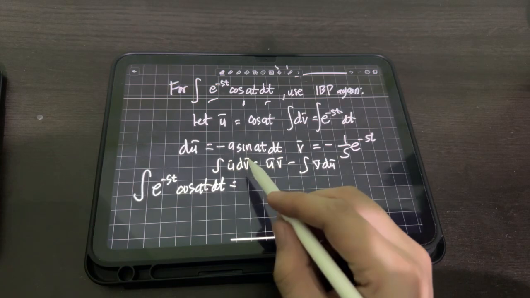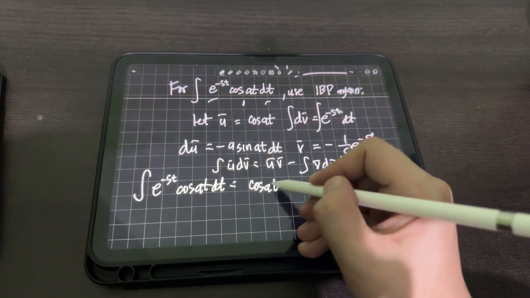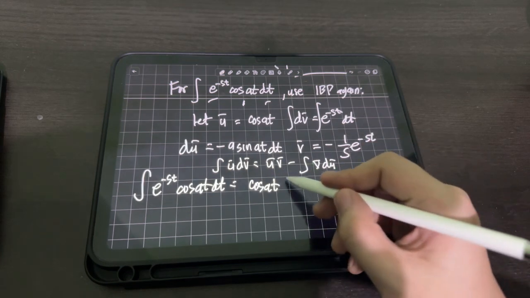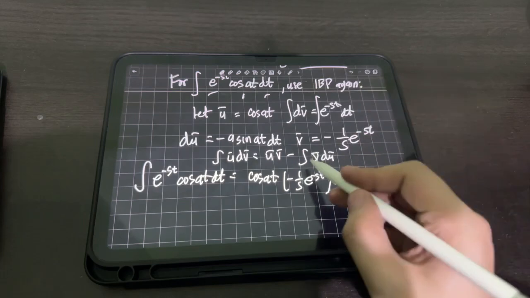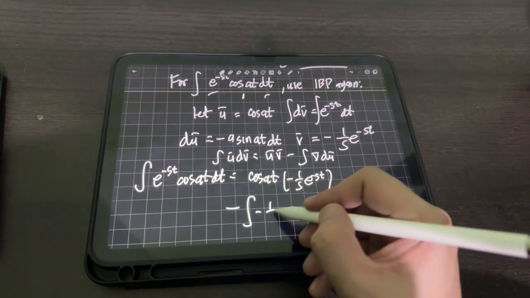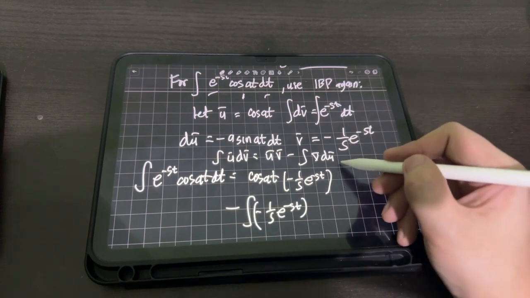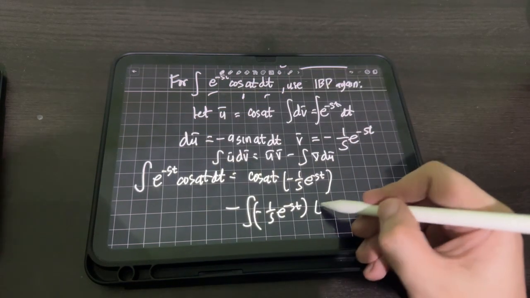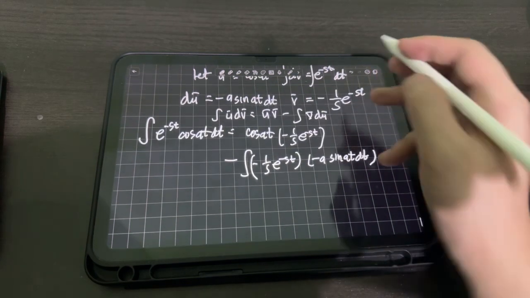Substituting the values, u bar is cosine at, v bar is negative 1 over s e to the negative st, then minus the integral of v bar, which is negative 1 over s e to the negative st, then du bar is negative a sine at dt.